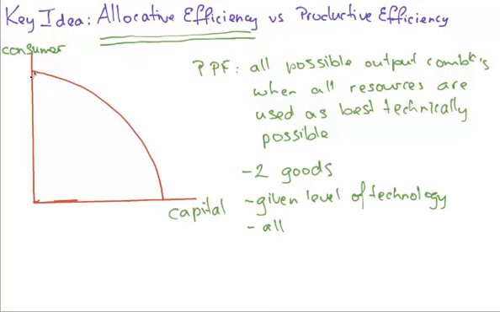And as we transfer those resources from production of one good to the other, we get diminishing returns, i.e., we get an increase in output of capital goods, but at smaller and smaller amounts, leading to the shape of the curve. So all resources can produce either goods or services.